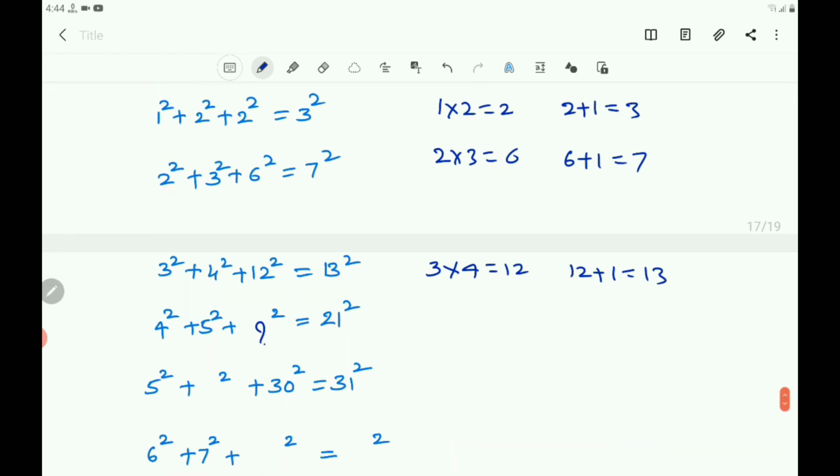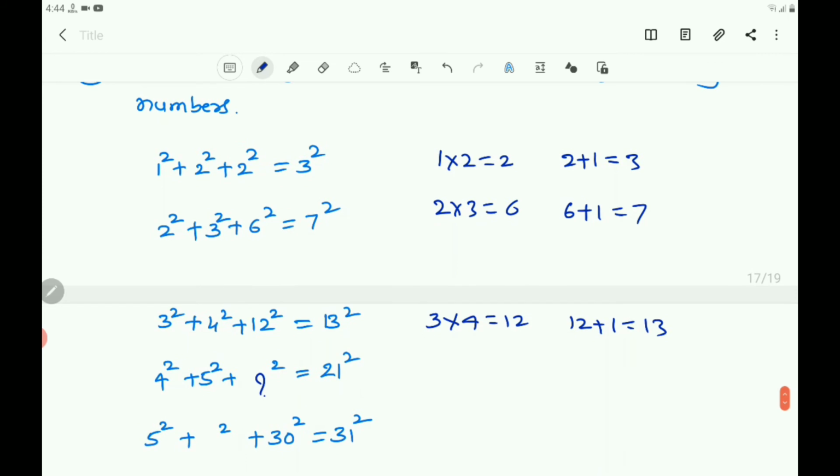Next what will be here? Use this relation, first number into second number gives the third number. So 4 into 5, that is 20. And 20 plus 1, 21.